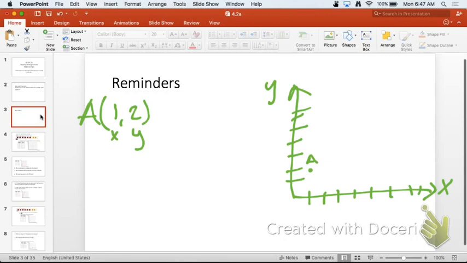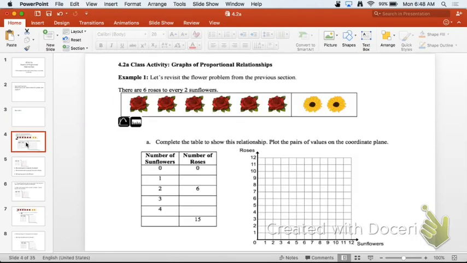Alright, now let's look at our next slide. Here we have 6 roses to every 2 sunflowers. Turning this into a proportion means I have 6 roses to every 2 sunflowers.